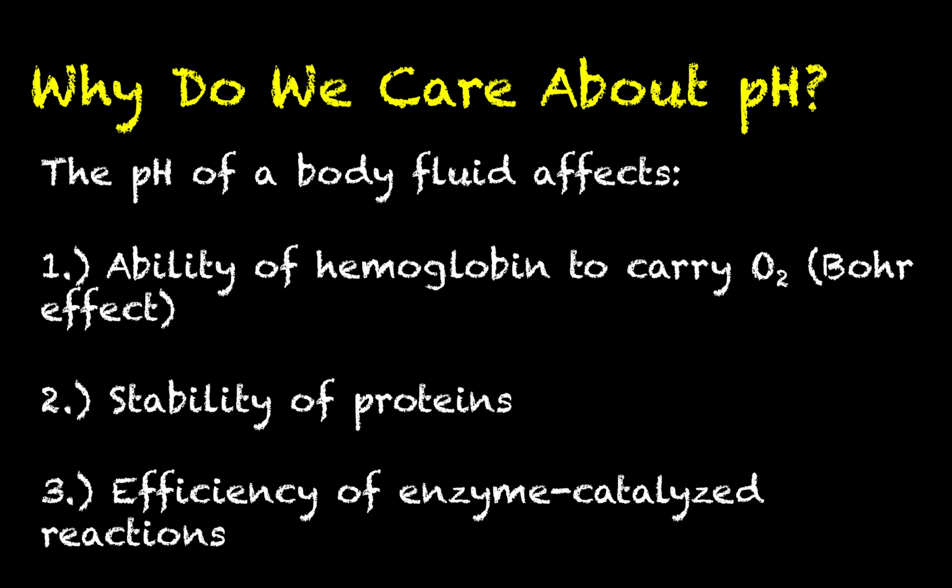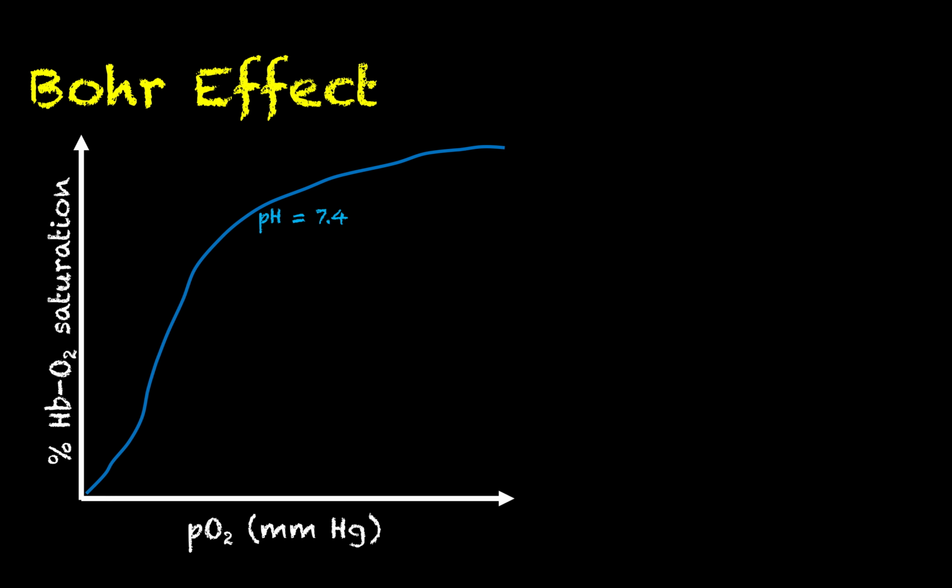Now, just to give you a quick illustration of how the Bohr effect works, what you're looking at here is the oxygen saturation curve for hemoglobin at a pH of 7.4. The y-axis is showing you the percentage of all available hemoglobin molecules that are fully loaded up with oxygen.